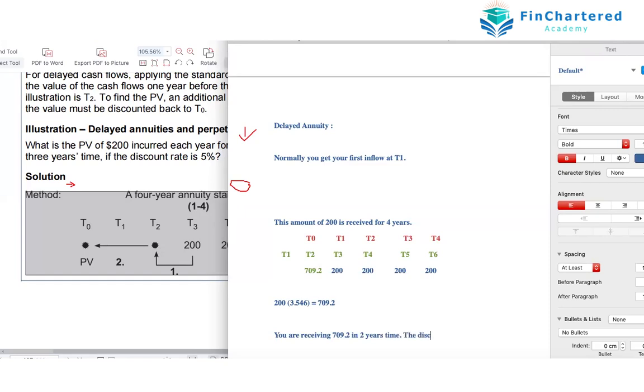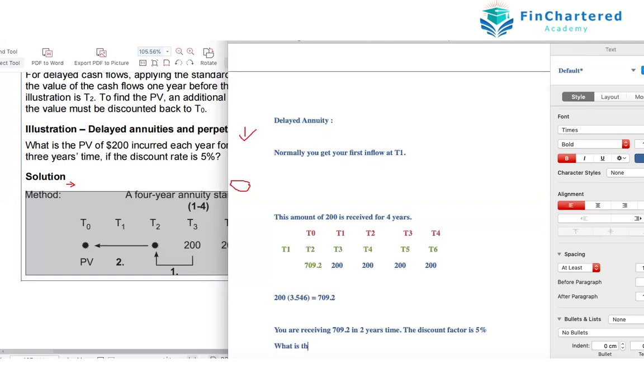The discount factor is 5%. Now it becomes a normal discounting question, not annuity. What is the present value? So in this case, what will you do?